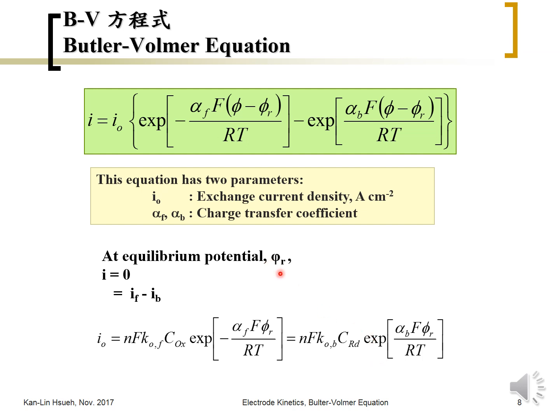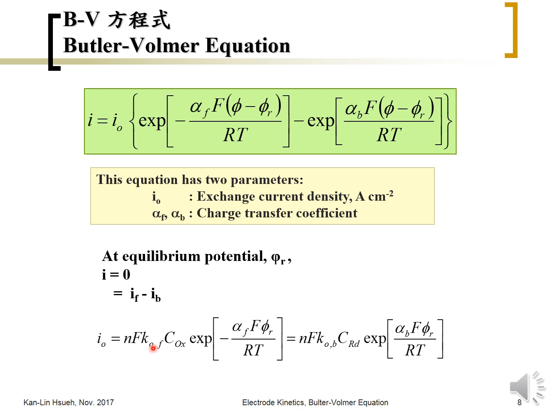Substitute the phi r into the previous equation. The forward reaction becomes this term. And this one, we assume the one-way reaction rate, we let it be expressed as I0, the exchange current density. Because at the equilibrium potential, the forward reaction rate equals the backward reaction rate. This is the exchange current density over here.